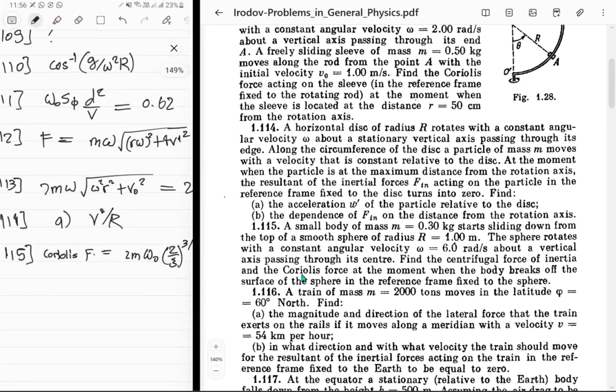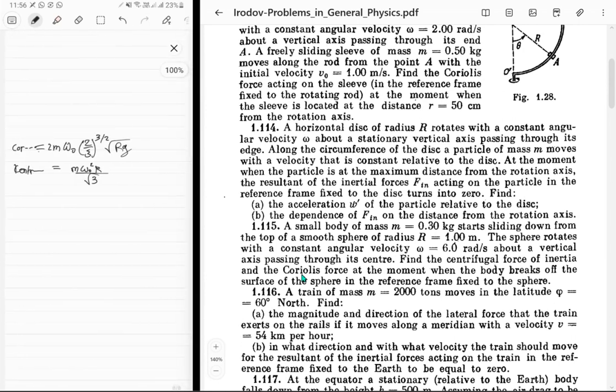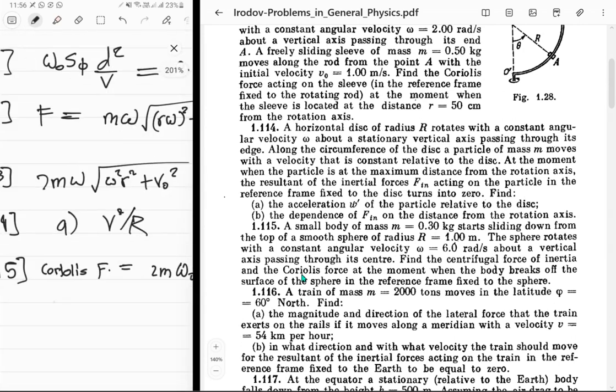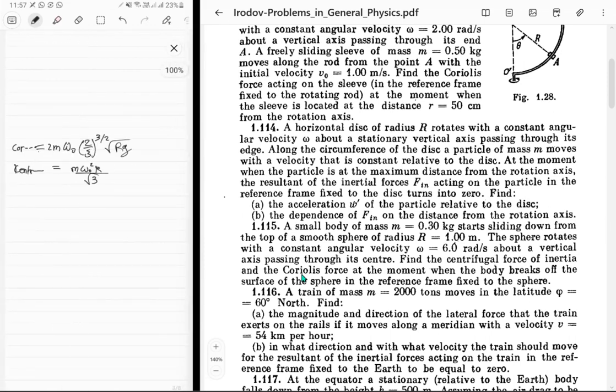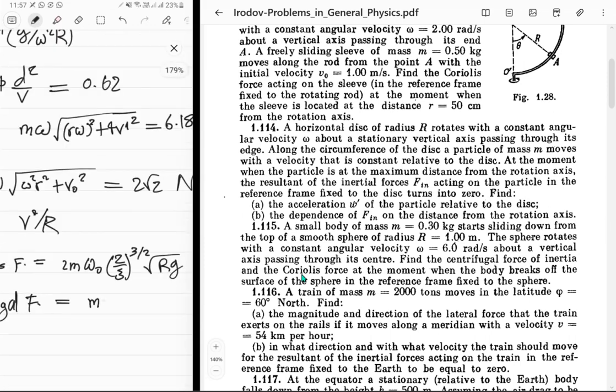Well, this should do it. And what else were we looking for? The centrifugal force. Centrifugal force is equal to m omega naught squared r upon square root 3. Yes, this should do it.